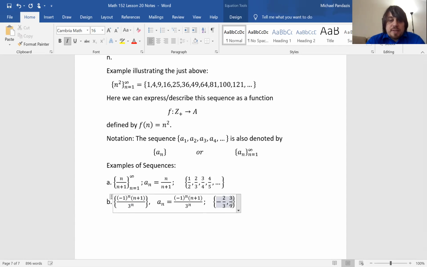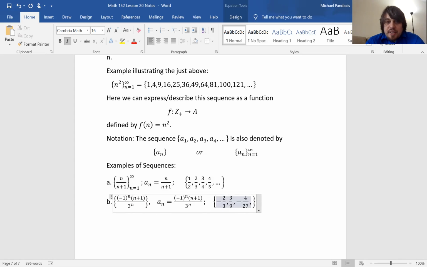I'm not going to simplify it. I'm going to write it as 3/9 because it corresponds with the numerator and denominator in that expression. And then for n equals 3, you have negative 1 cubed, which is negative 1, times 3 plus 1, which is 4, over 3 cubed, that's 4 over 27. This is negative 4 over 27.